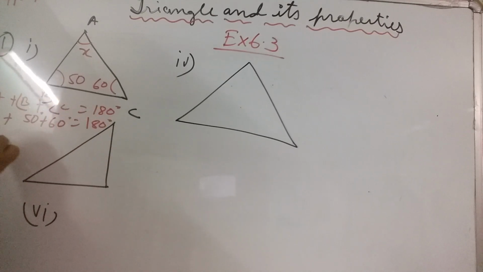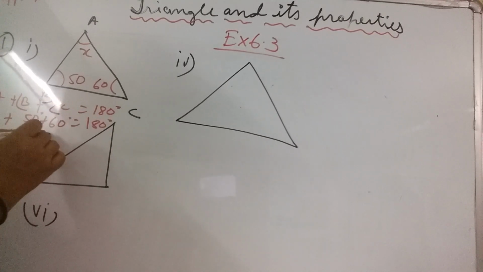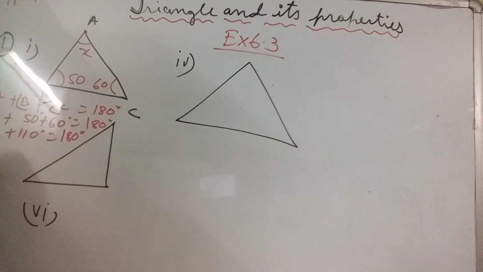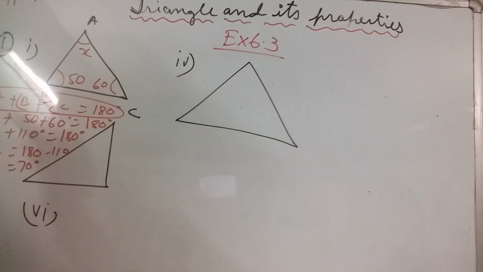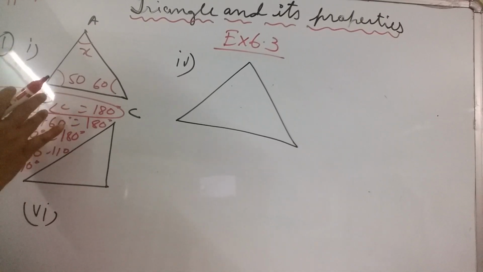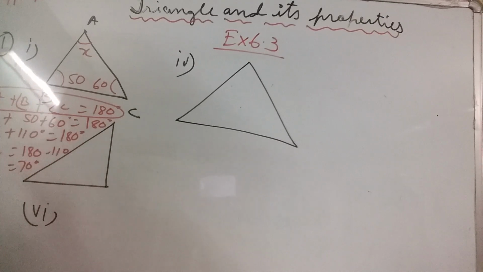So x plus 110 degree equals 180 degree and x equals 180 minus 110, that is 70 degree. In all the cases you will write that we get from the angle sum property of a triangle that angle A plus angle B plus angle C equals 180 degree, then you will solve.